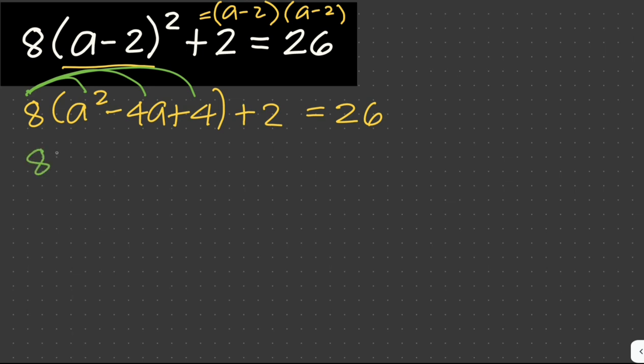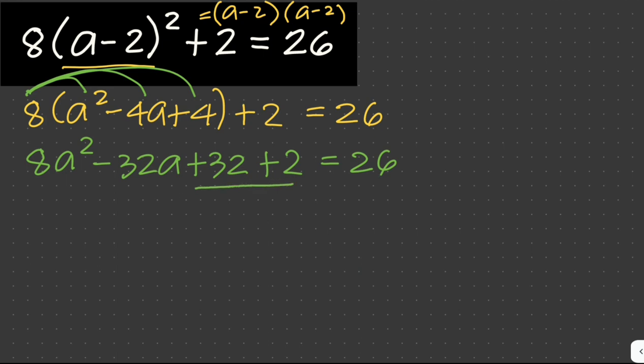So this would become 8a squared minus 32a plus 32 plus 2 equals 26. And then we group like terms. 32 and 2 go together. So our equation would be 8a squared minus 32a plus 34 equals 26.